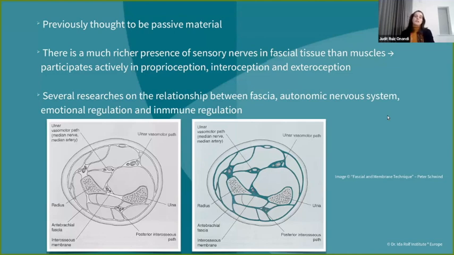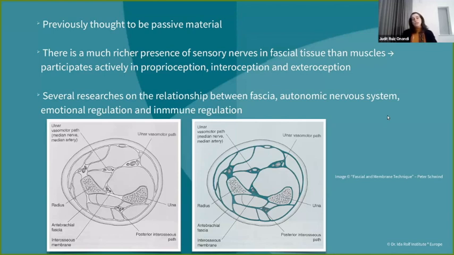Fascia participates actively in proprioception, interoception, and exteroception. Proprioception is the ability of my body to know where the different elements of my body are and their movement. For example, I don't need to look at my hands or my feet to know where they are, if they are moving or not, and how they are moving.